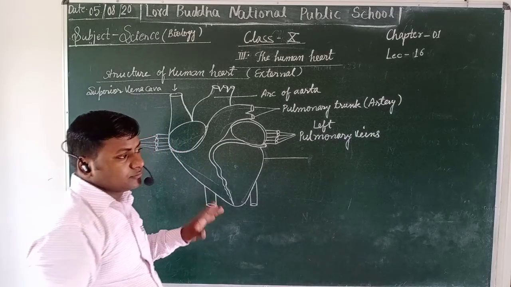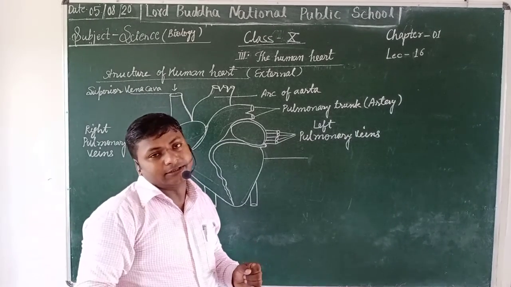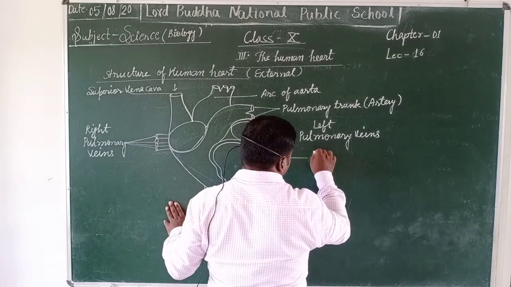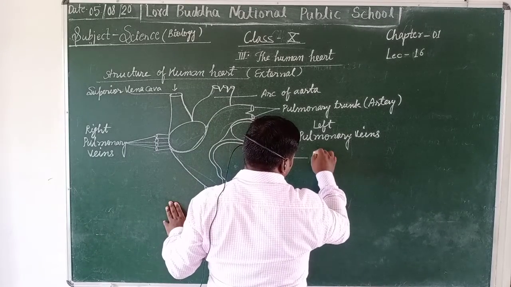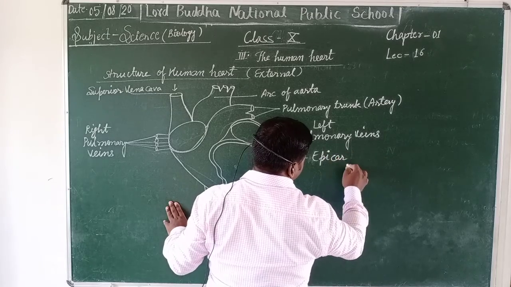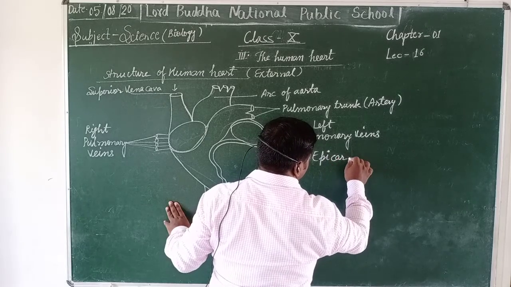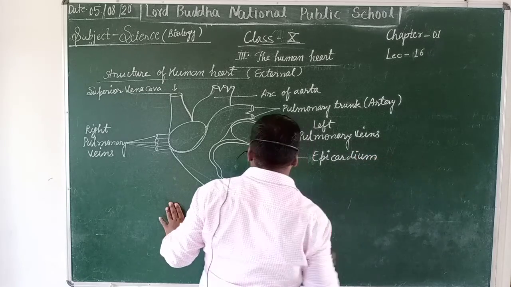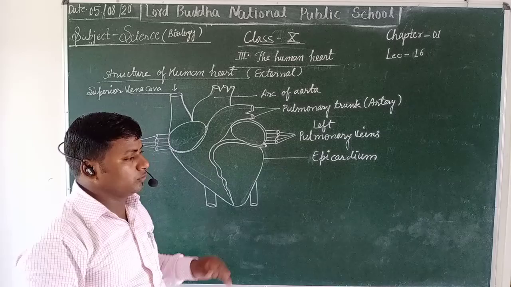Students, the human heart is enclosed by a thick membranous structure that is called epicardium or cardiac membrane. It has an inner and an outer membrane.